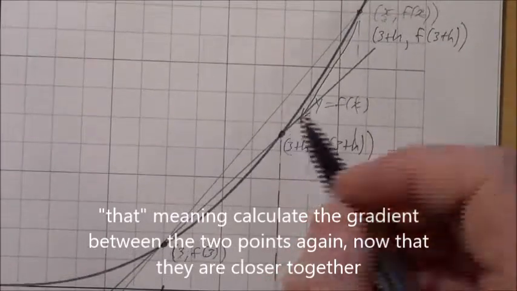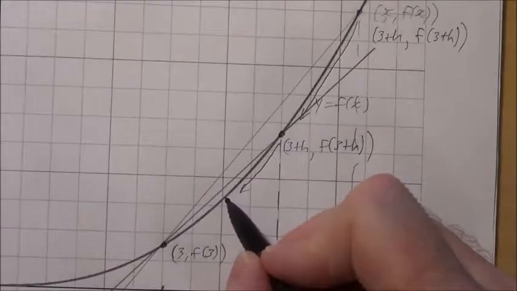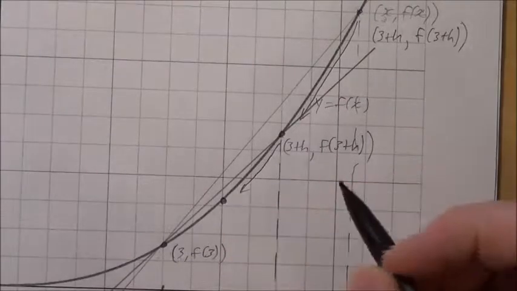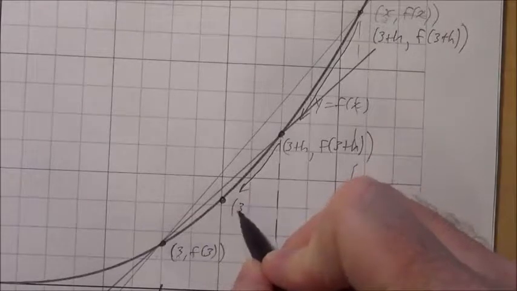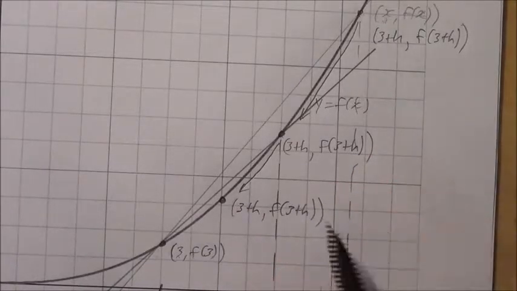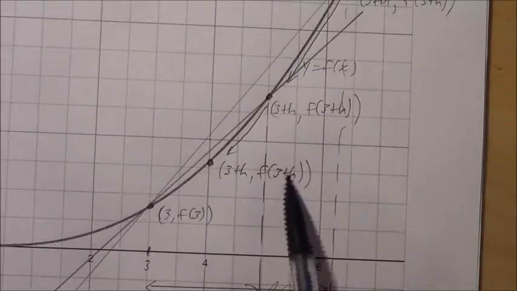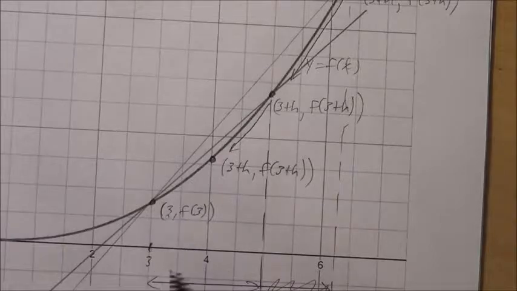Then I'm going to slide this point further down the curve, down to around here. That point is still 3 plus h, f of 3 plus h, because it's still the function of the x value, and the x value is still 3 plus this horizontal distance.